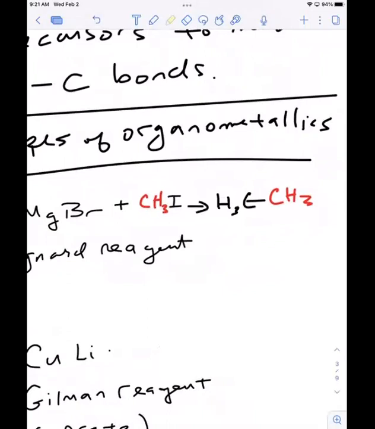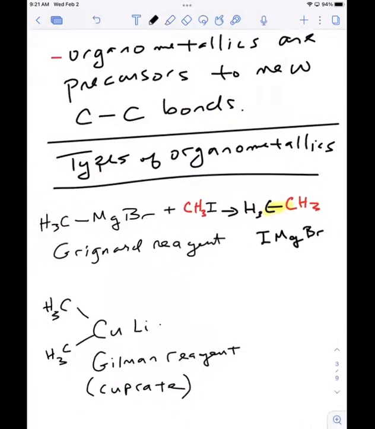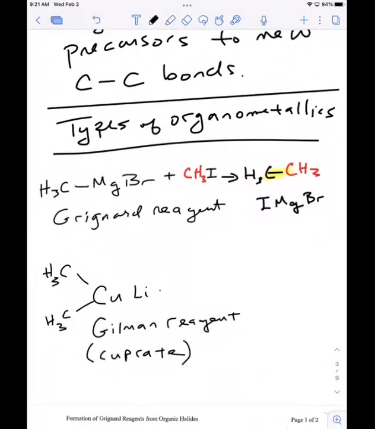Right, so this is the new bond right here between the two carbons, and then what's left over is the iodine with the metal, so it just makes a salt with the metal. We'll talk about the mechanism and the arrow pushing and all that stuff. So that's one reaction that organometallics do. You can couple them with other alkyl halides and make new carbon bonds like that.